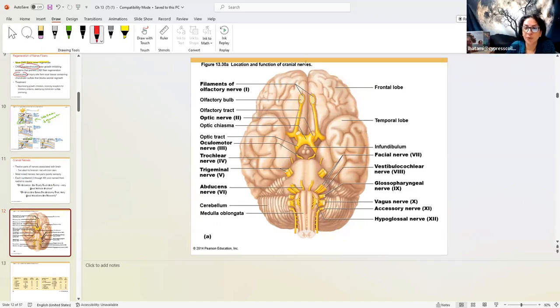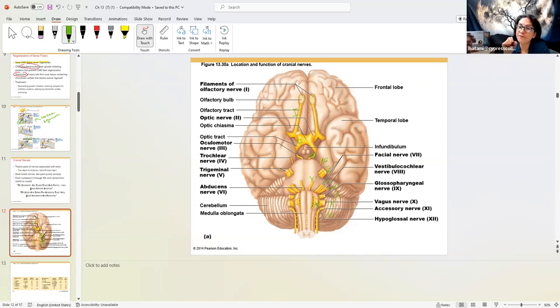This is the anterior or rostral part of the brain, and this is the caudal or posterior part. So we can number these based on their location: cranial nerve number 1, number 2, then number 3, 4, 5, 6, 7, 8, 9, 10, 11, and 12.